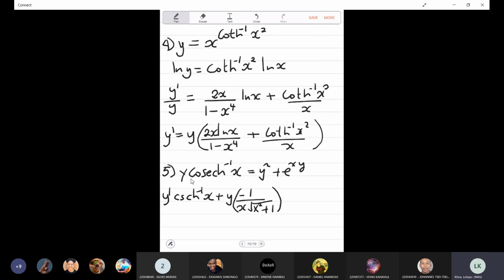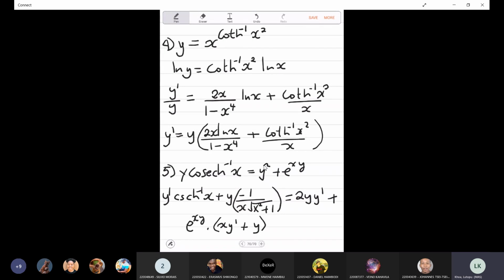Okay, so that's just the left hand side. Then the right hand side, 2y y prime, the derivative of y squared, and then the derivative of e to the power of xy, that is e to the power of xy multiplied by x y prime plus y.